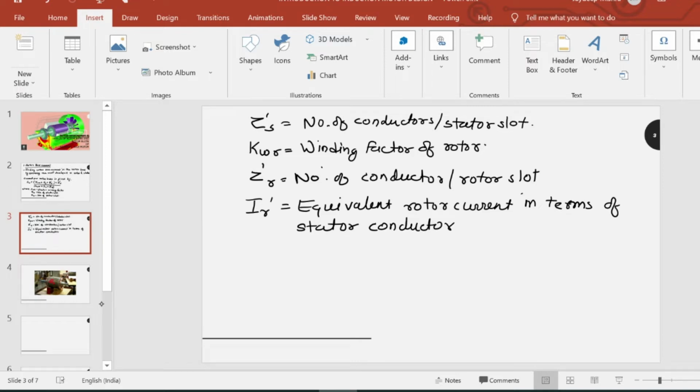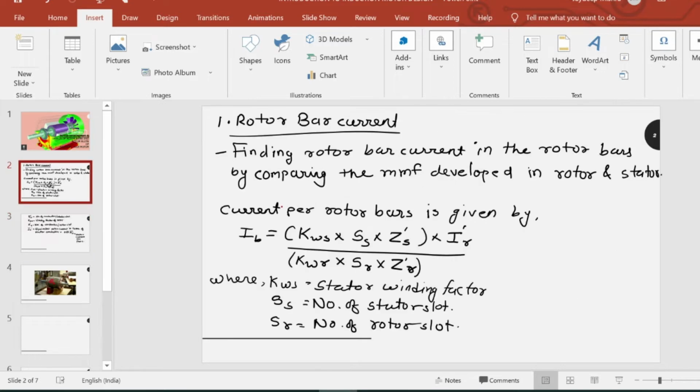I dash R is equal to 0.85 IS. What is IS? IS is the stator current per phase. So this is the formula. With the help of this formula, we can calculate the rotor bar current.